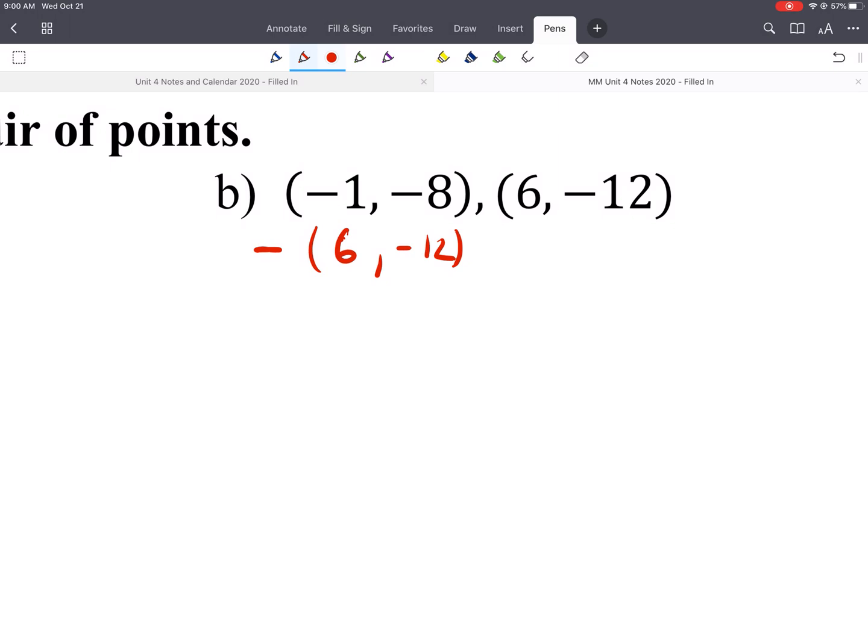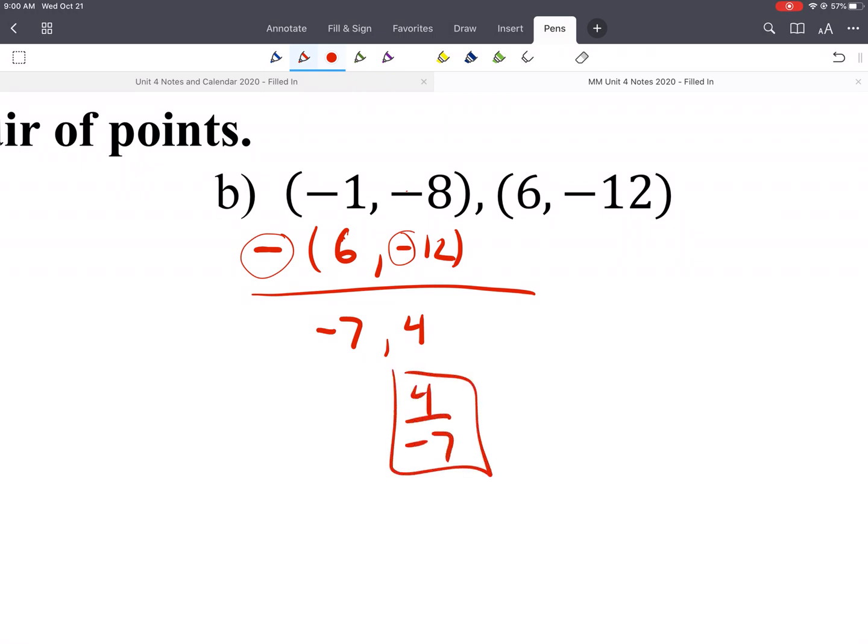So here we'd do negative 1 minus 6 gives you negative 7, and then negative 8 minus a negative gives us a positive 12. It ends up giving us a positive 4. Then we have to write it as a rise over run, the difference in the y's over the x's, so we'd need to do 4 over negative 7.